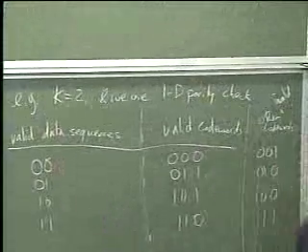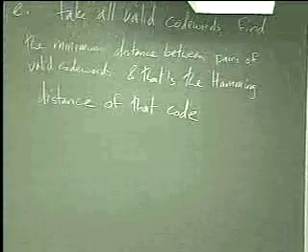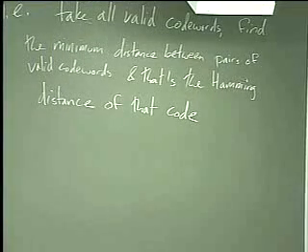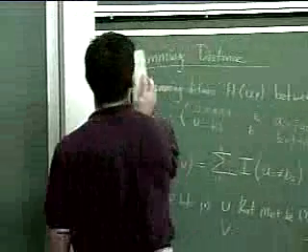Okay, so you can have a Hamming distance between two strings, and then we also just talk about the Hamming distance of a code, which applies this Hamming distance between two strings.